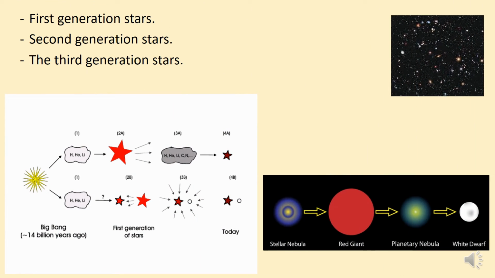Okay, the first stars that formed in the universe are called first generation stars. And the gases and dust made from the newly formed elements from these first red giants and supernovas formed a second set of stars called second generation stars.